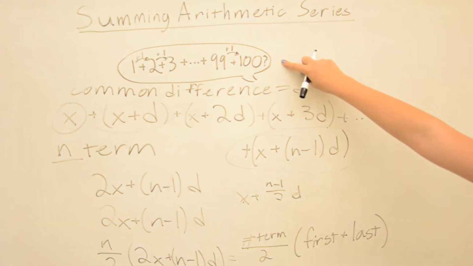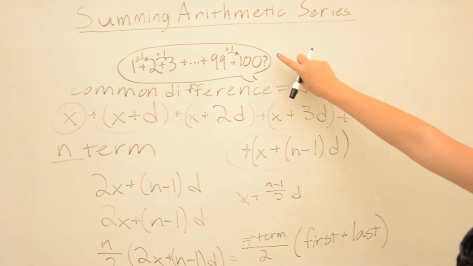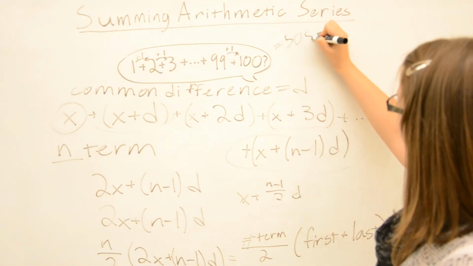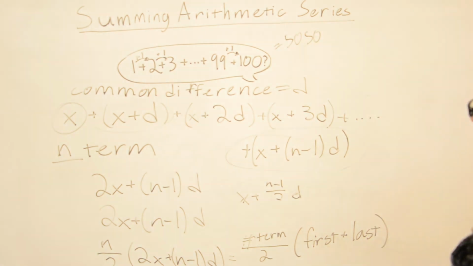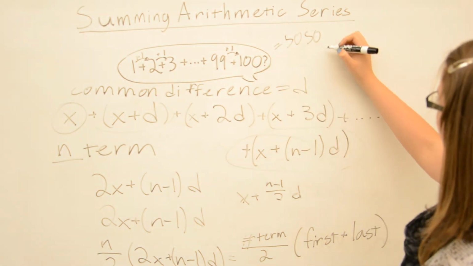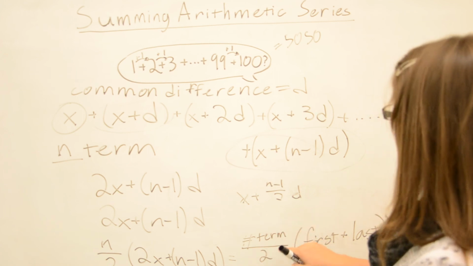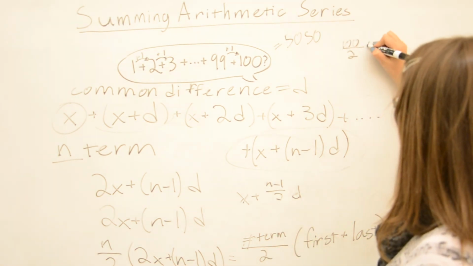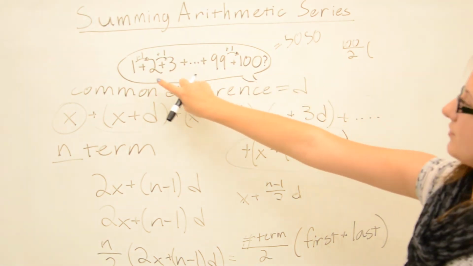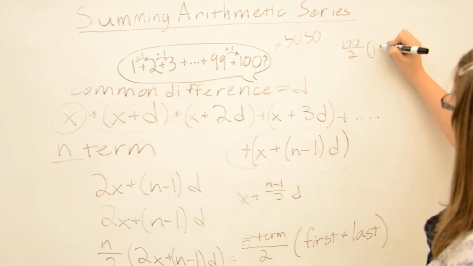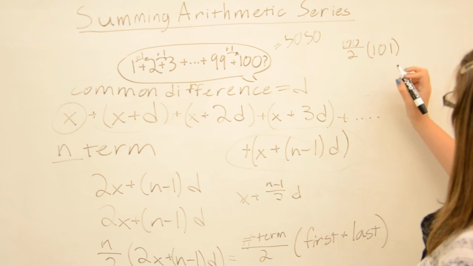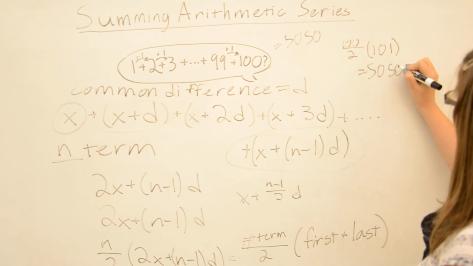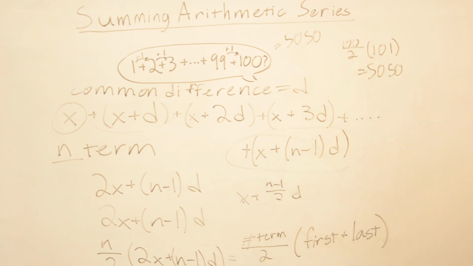That works for this. Okay, so we had that this equaled 5,050. So how many terms are there? 100. So from this one we have 100 divided by 2 times first plus last, which, so we can remember, was 101, equals 5,050, because this is 50 times 101.